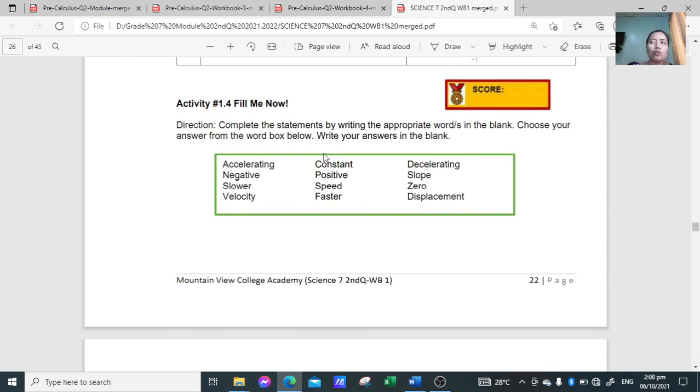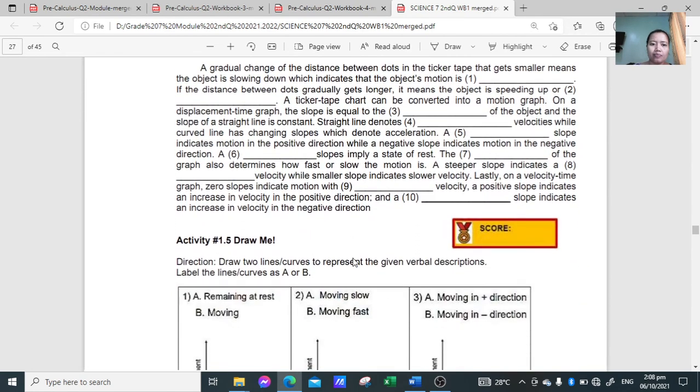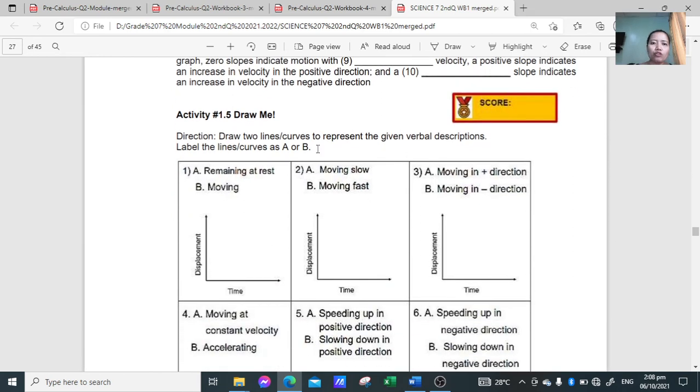Okay, for activity 1.4, feel me now. You are going to use these terms to answer the blanks. For activity 1.5, draw me. So draw 2 lines or curves to represent the given verbal description.